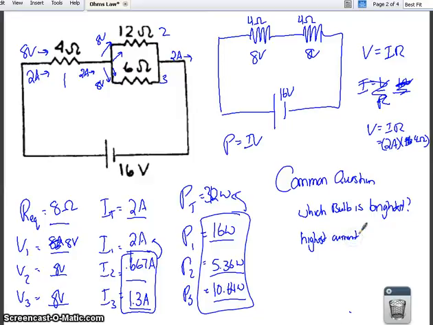So in this case, this bulb is going to have the highest current. The highest current is always going to lie on the main branch. If the branch ever splits up, the current splits up, and so therefore it's never going to be in the parallel. It's always going to be in the series. Okay, so that's a very common question. Which bulb is brightest? The one with the highest current.